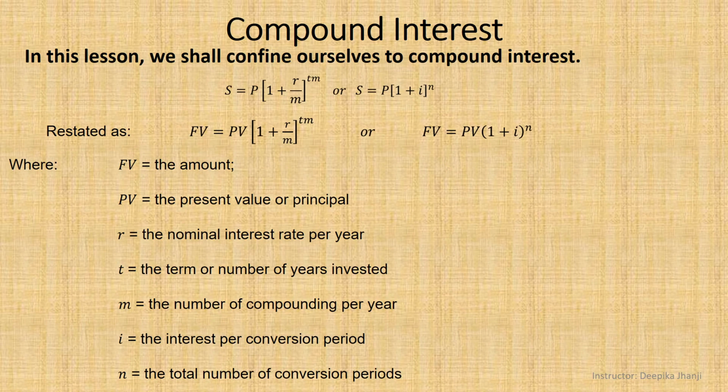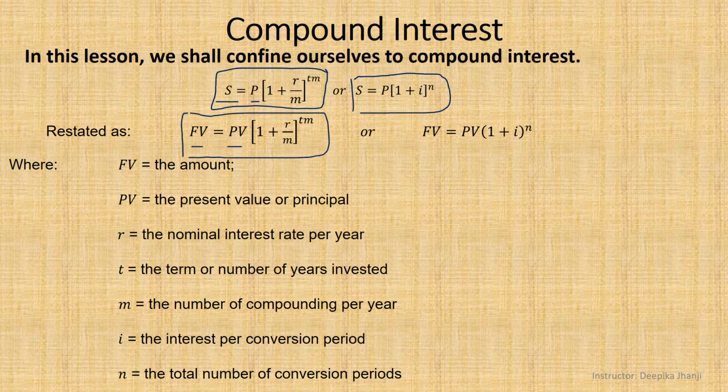In this lesson, our focus will be compound interest. There is separate lesson video for calculations with simple interest. When we calculate amount using the compound interest, we have formula in terms of R and in terms of I. When we replace S by future value and P by present value, the formula becomes FV is equal to PV times 1 plus R upon M raised to power Tm.